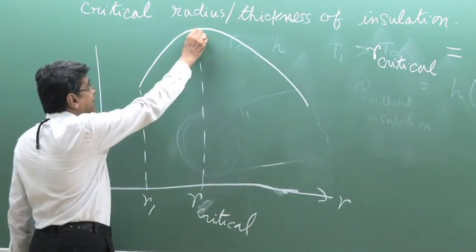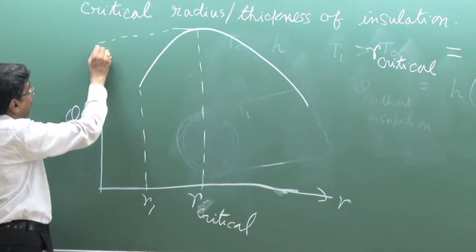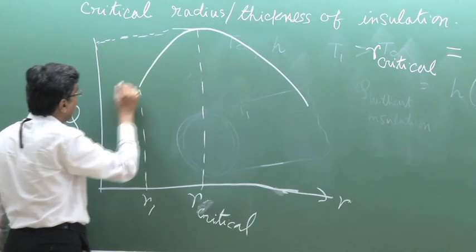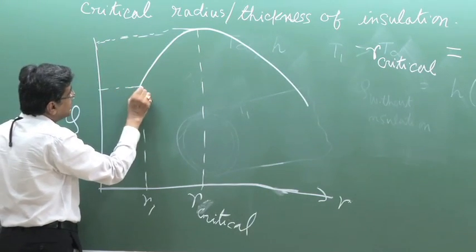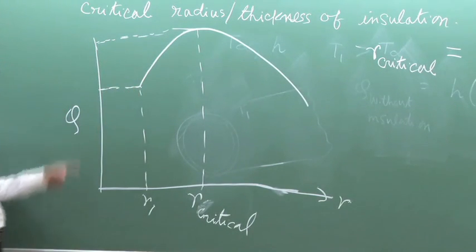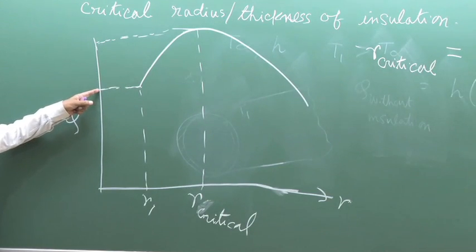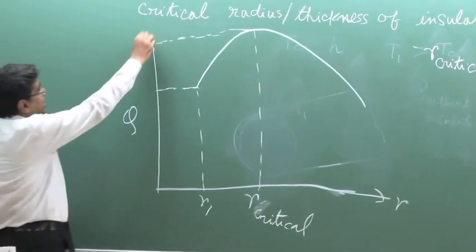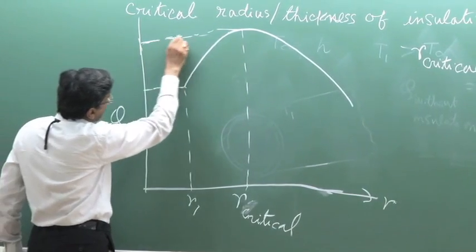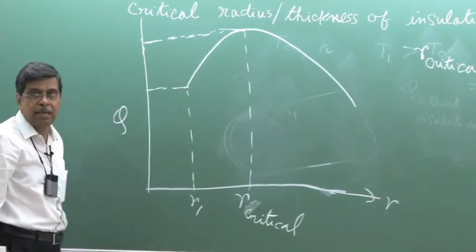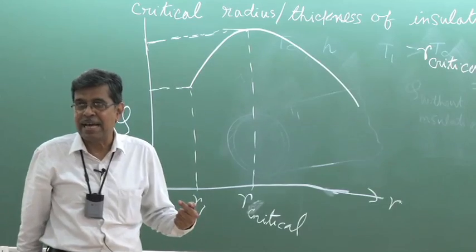That means at the critical radius, this is the heat loss from the bare pipe, and this is the heat loss when the insulation radius is R critical.